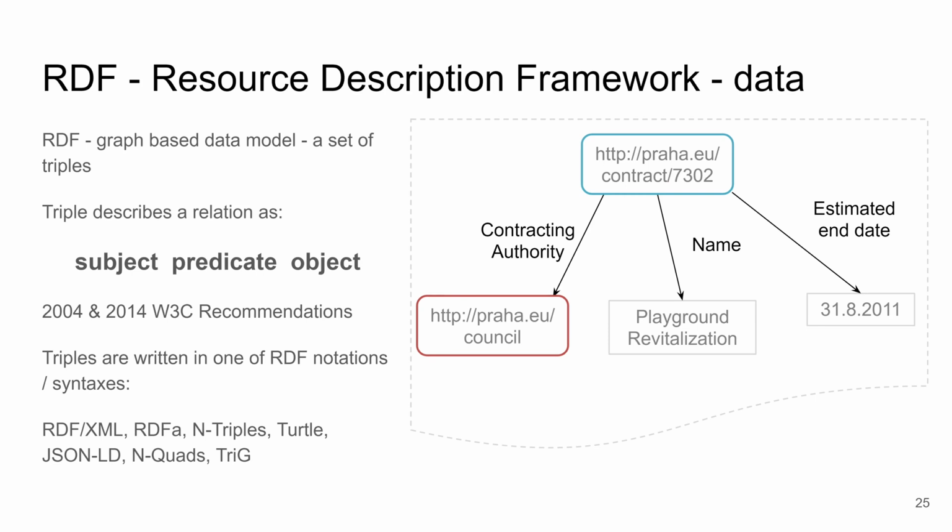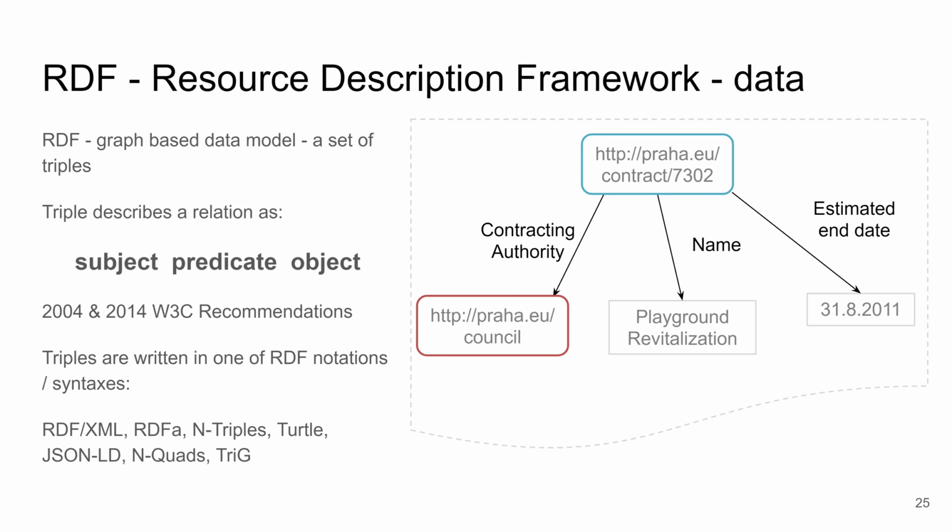So 3 simple statements. But already we can see that there is another type of triple, another type of statement, because before we had a statement connecting two resources, two things in the RDF graph.